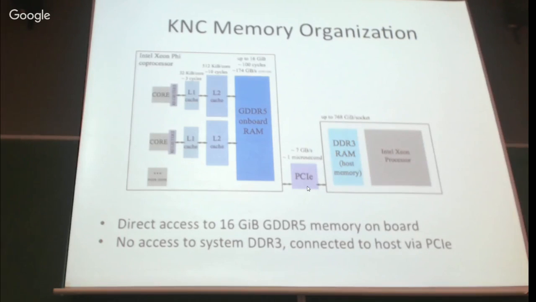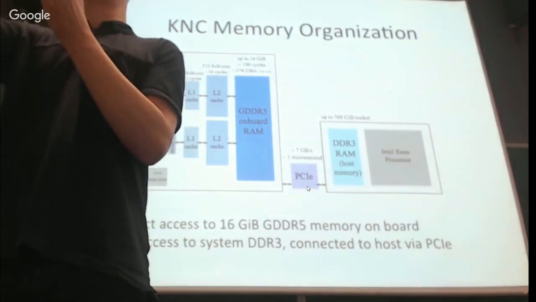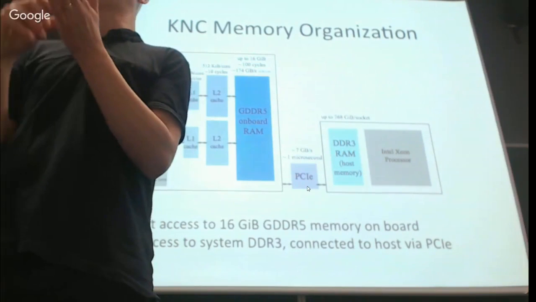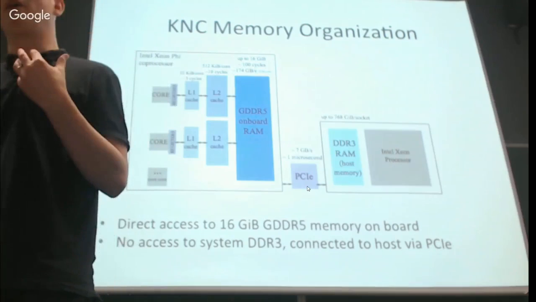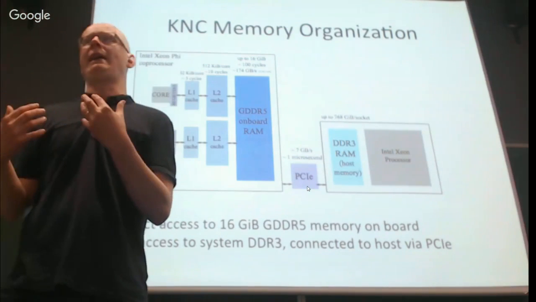You can run natively on the Xeon Phi. You don't need to offload to it. You SSH into the coprocessor, you compile on the coprocessor, or you cross-compile on the Xeon, and then you run your application natively on the Xeon Phi coprocessor. And that is a better means, in my mind, of preparing for KNL.